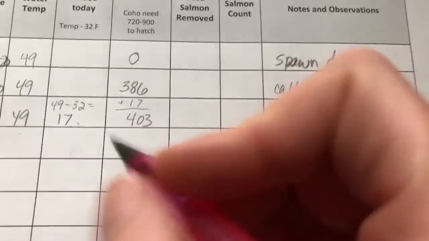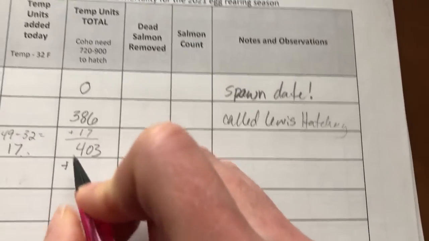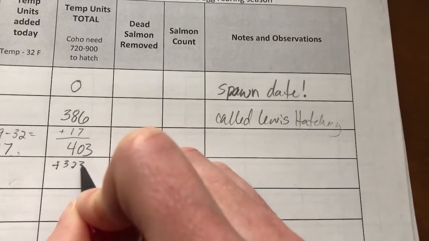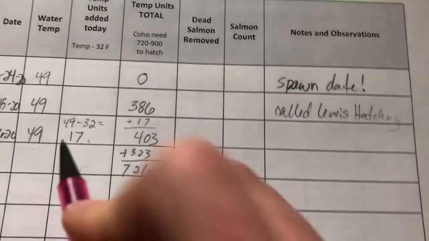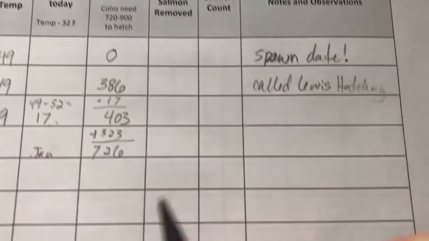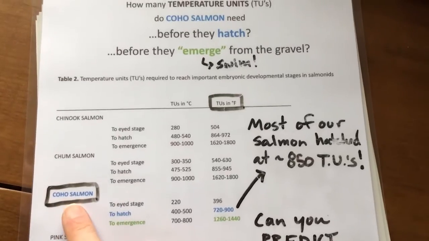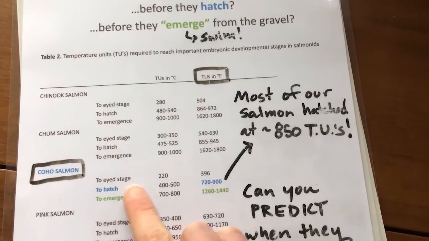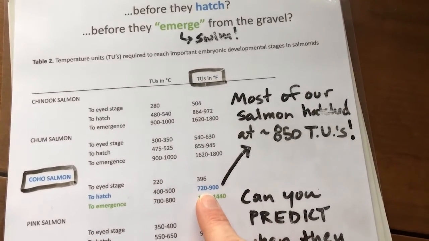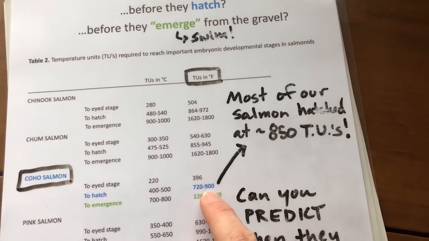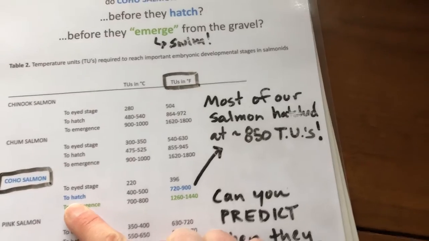So I'm just going to take my 403. I'm just going to do a quick estimate here. Okay, so I'm guessing that by January 4th, we're going to be at 726 temperature units. And so I'm looking at coho salmon, and in Fahrenheit temperature units, they need 720 to 900 temperature units before they hatch.